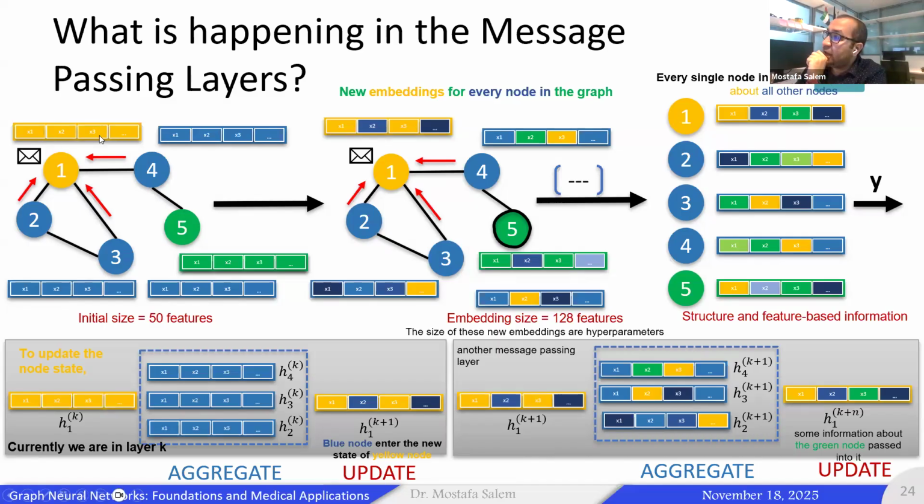So I started with each node's embeddings. I end with embeddings for each node, but with information from its neighbors. This is the information I will use for prediction or classification for node-level prediction, and I can combine them, and I will use the combined aggregated embedding from all these 5 embeddings to represent the whole graph, and I will use this embedding for the entire graph prediction or regression.